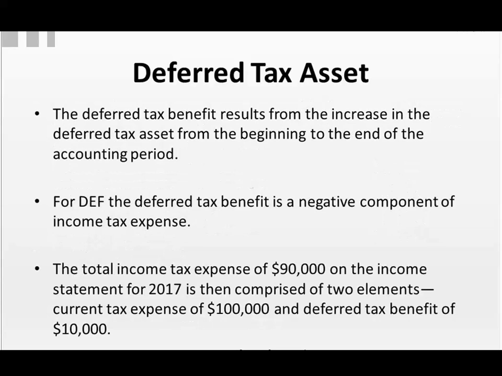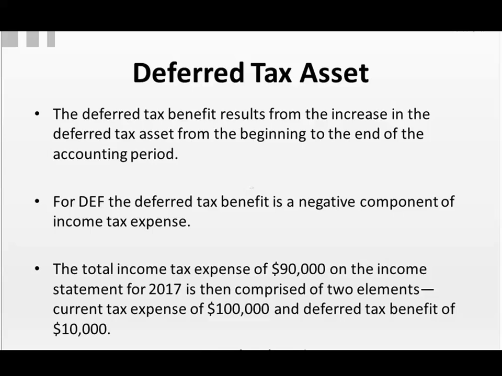For the DEF company, the deferred tax benefit is a negative component. So the total income tax expense of $90,000 on the income statement consists of two elements: the current expense of $100,000 and the deferred tax benefit of $10,000. So it's 100 minus the 10 gives me the income tax expense of $90,000.